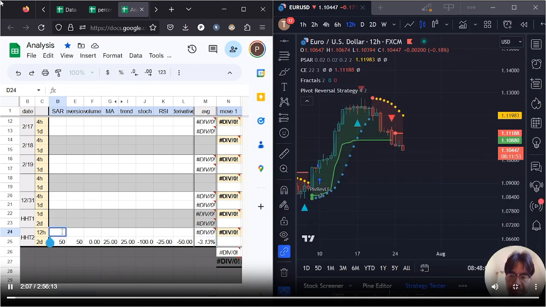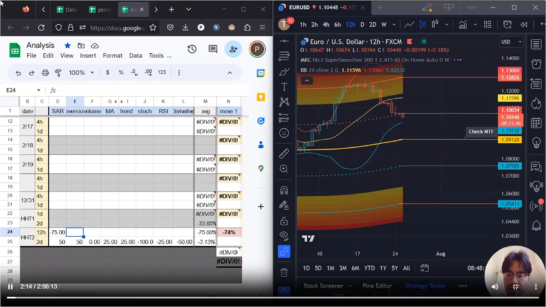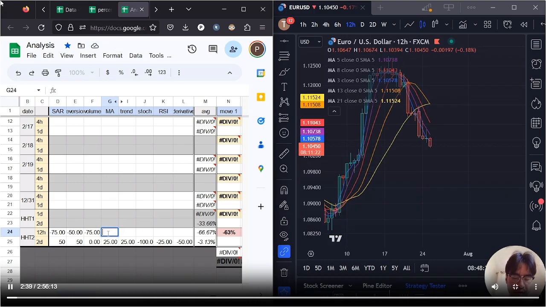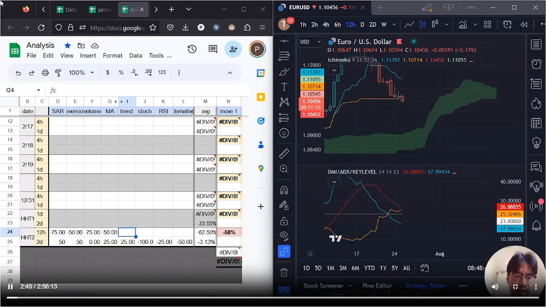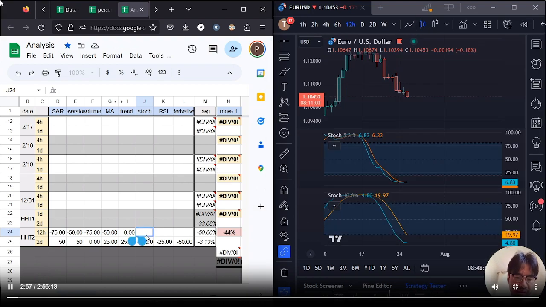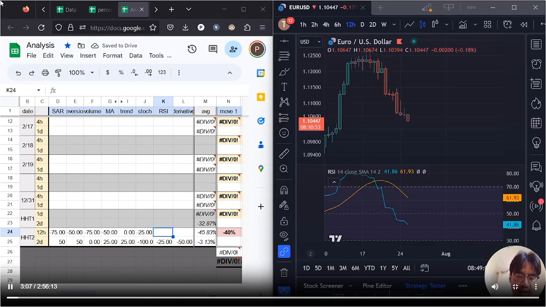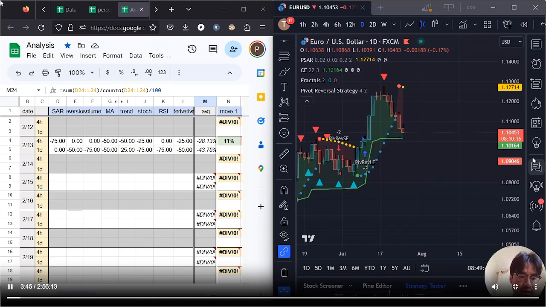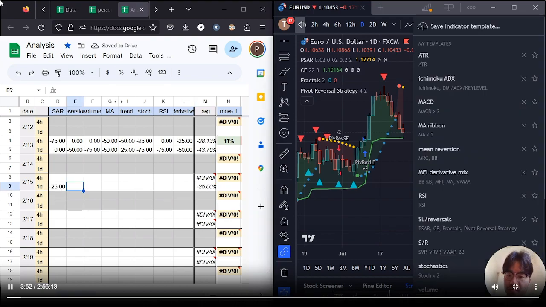This one gets a minus 75, reversion minus 50, volume gets minus 75, MA gets a minus 50, trend gets a 0, stochastics gets a minus 25, RSI gets a minus 75, derivative gets a minus 25.